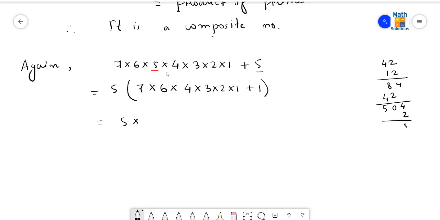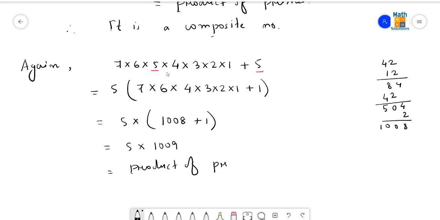So we get 1008 plus 1, that is equal to 5 into 1009, which can again be expressed as a product of primes. Hence, it is a composite number.